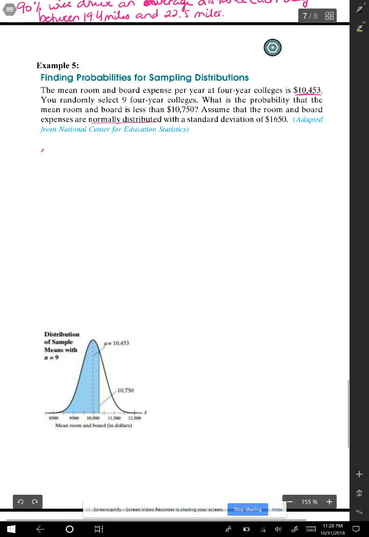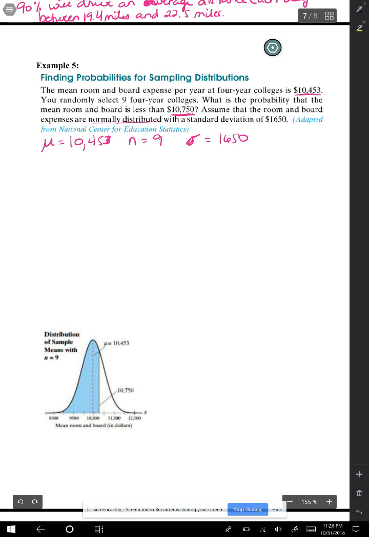Okay, so here's what they're telling us. The mean of the population, we're using a sample size of 9, and the standard deviation of the population is 1650. We're going to find the probability that the mean room and board is less than 10,750. So what I have to do is transform that 10,750 into a z-score.